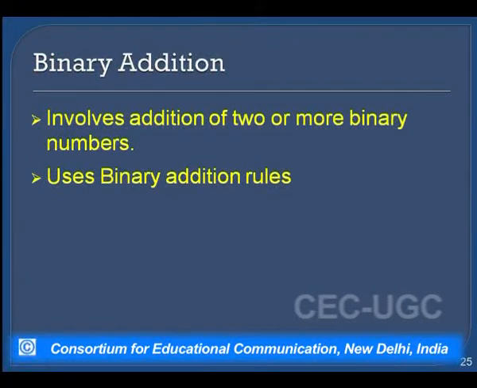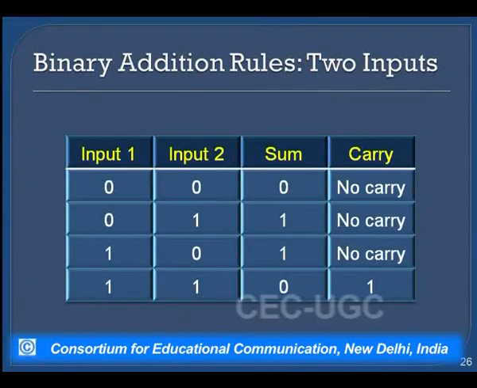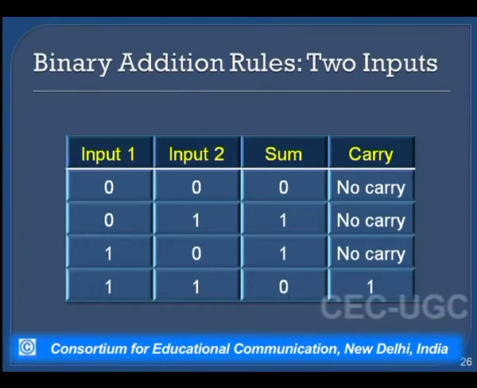Before we proceed with how we add, there are some rules to be followed. So we will discuss the rules for binary addition. When we say binary, the digits will be either 0 or 1. And when we add two digits, what is the outcome?